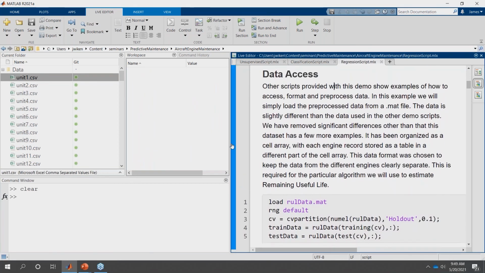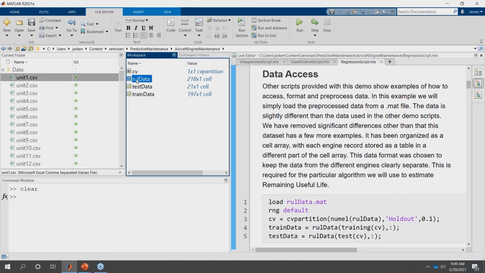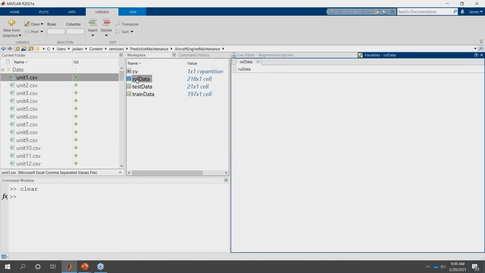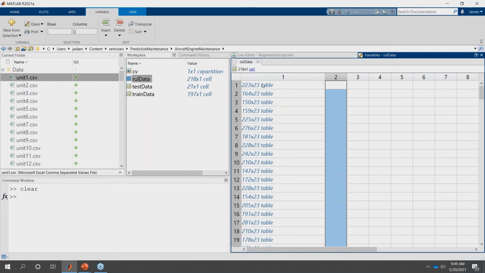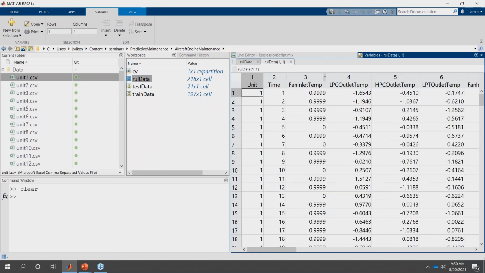All right. So our data here is stored in a slightly different structure as before. Before we just had one big table where there wasn't any sort of distinction between the runs other than a value that told us it was engine 1 versus 2 versus 3. In this one, we're storing it so that each lifetime is its own separate time series.